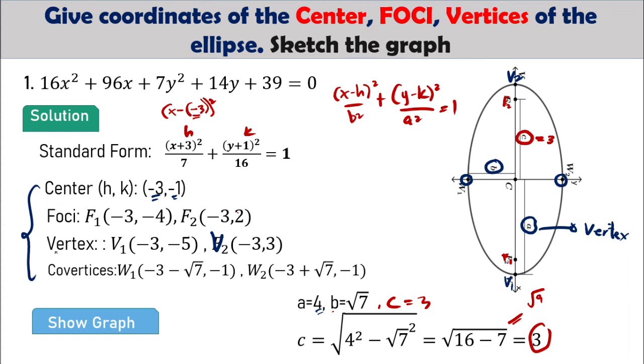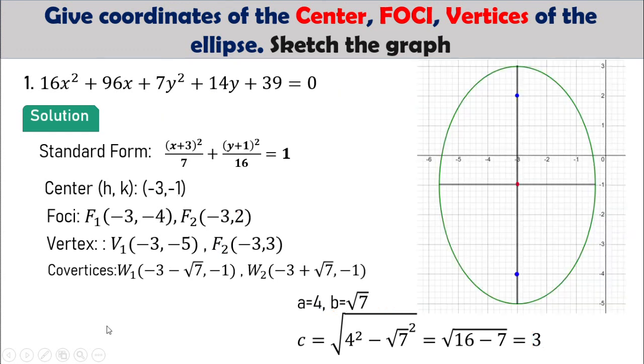Now we can graph this using these characteristics of the ellipse. The center is negative 3, negative 1. The major axis is vertical, so here we have F sub 1 and F sub 2: negative 3, negative 4, and negative 3, positive 2.